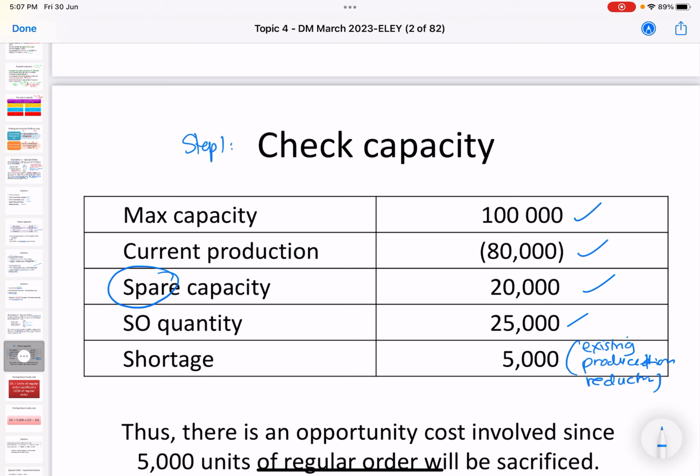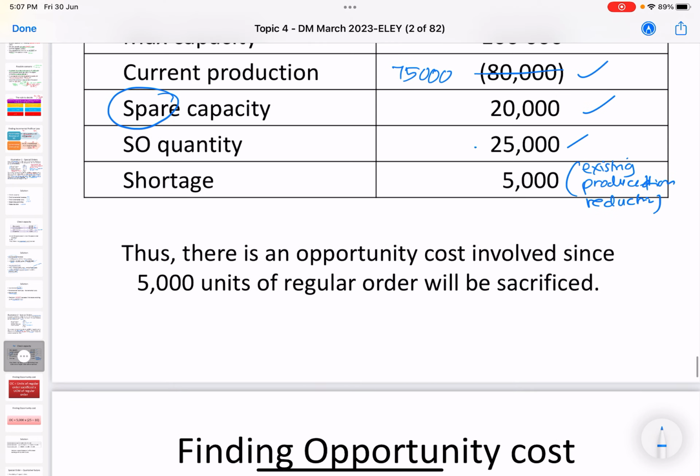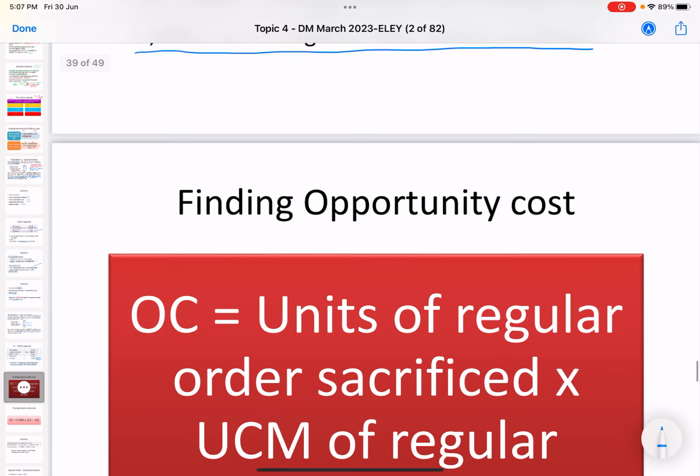So if the special order quantity is higher than the spare capacity, we assume that the current production will be cut down by 5,000, so it becomes 75,000. So therefore, it will go back to 100,000 in total. Okay. Thus, there is an opportunity cost involved since 5,000 units of regular order will be sacrificed.